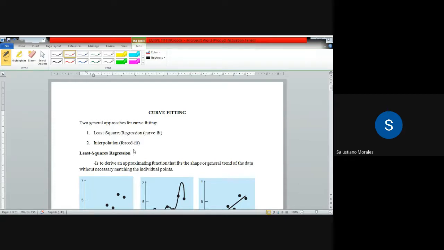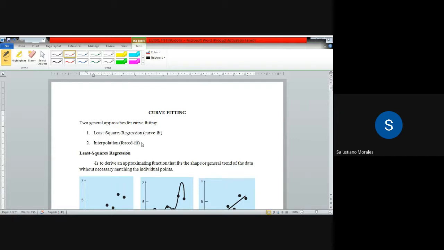But in the second one, the interpolation, or the force fit, we will formulate an equation such that the curve generated by that equation will pass through all the given data points. So that is the difference between these two approaches for curve fitting.